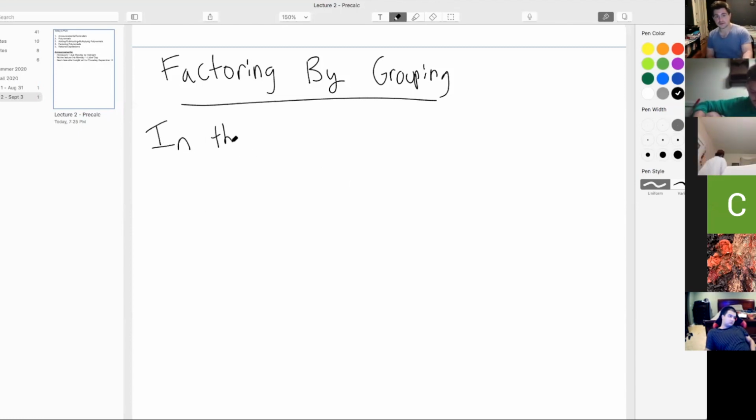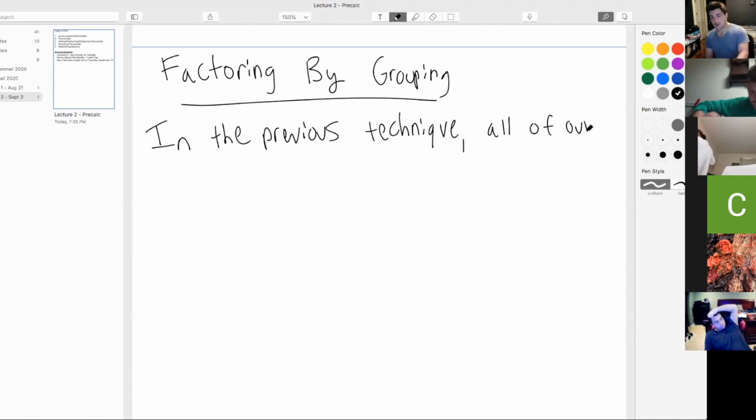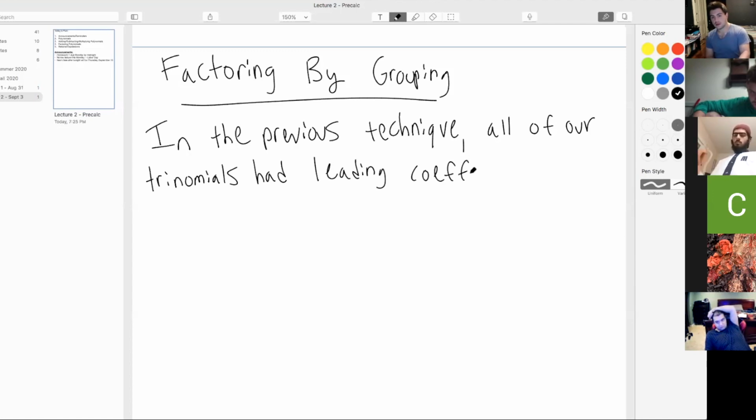So let's just write that. In the previous technique, all of our trinomials have leading coefficient 1. So that's very limited.